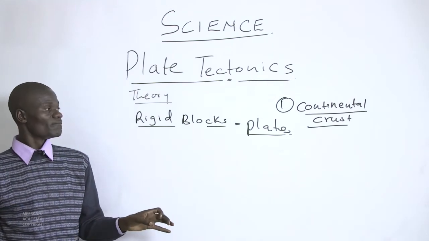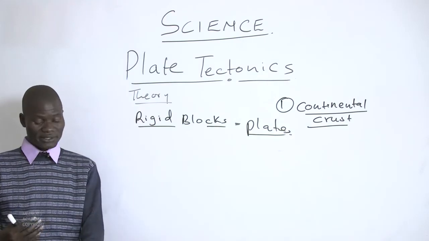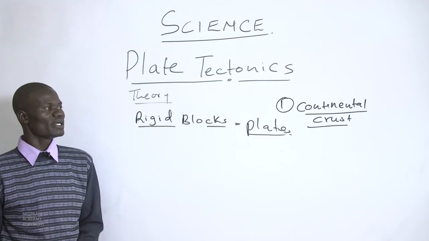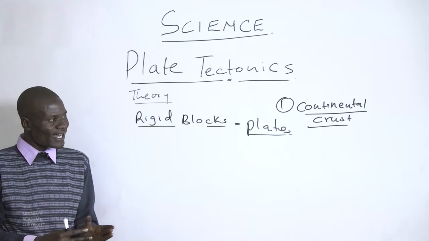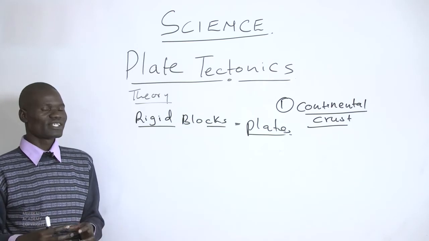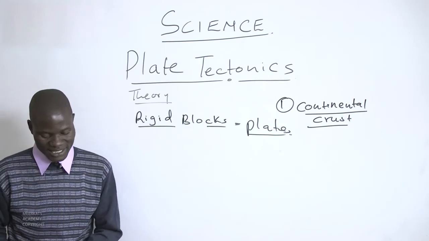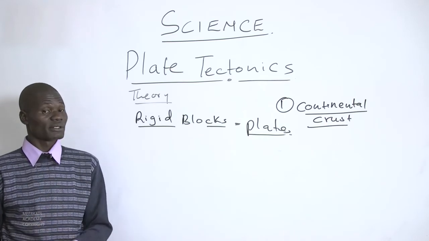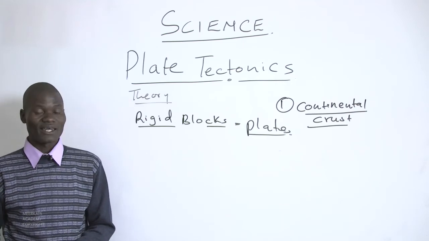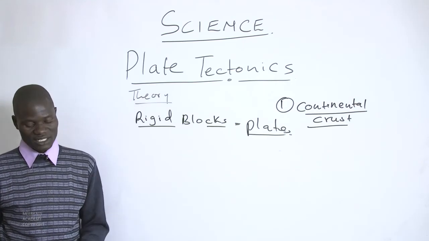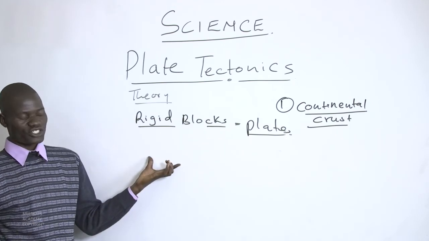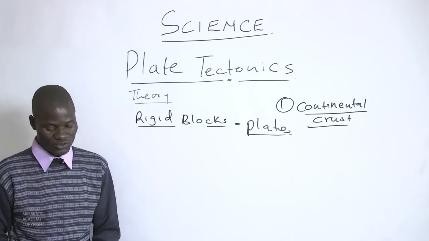Plate tectonics is a theory that tries to explain the steady movement of these plates. Why are they moving? And when they move, there are effects on the earth's surface, such as earthquakes, volcanicity and other tremors around some regions of the world. There is a theory that states this, and it is referred to as plate tectonics.